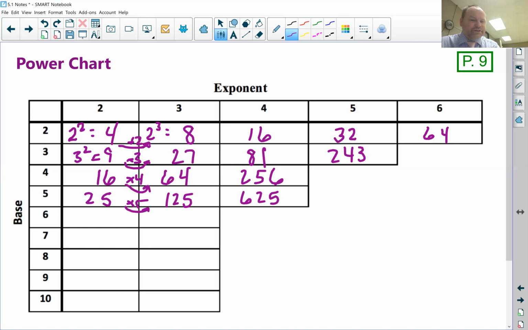6 squared is 36. If I multiply by 6, 6 cubed is 216. 7 squared is 49. Times 7 is 343. 8 squared is 64.